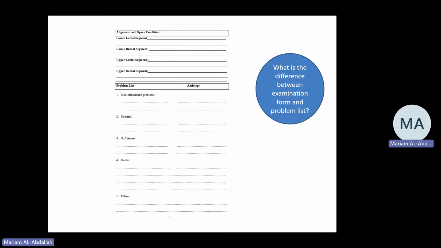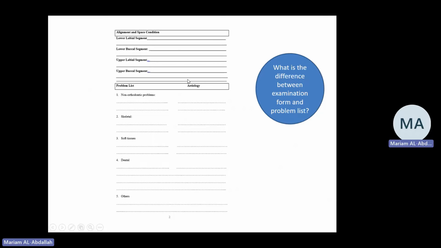If it's a class 1, I don't write it down because what is considered normal is to have a class 1 skeletal pattern. If I have average lower facial height, I don't write it down, for example. If I have increased Frankfurt mandibular plane angle, increased maxillomandibular plane angle, I write it down. So I have to write anything that deviates from normal.